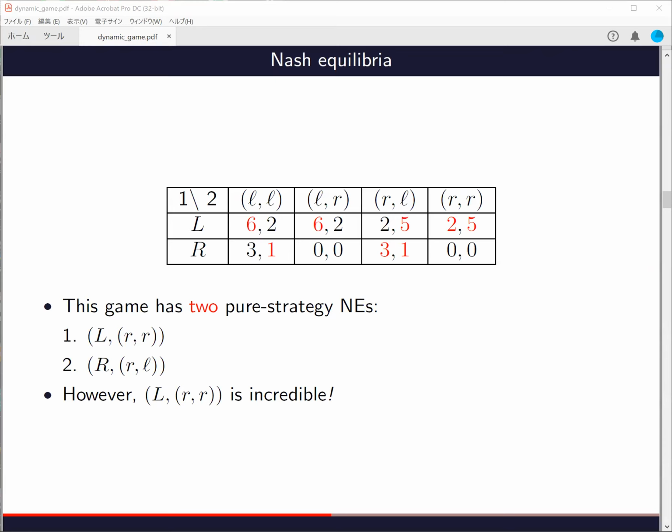In one of the Nash equilibria, player 1 takes strategy L and player 2 takes strategy rr. In the other Nash equilibrium, player 1 takes strategy R and player 2 takes strategy rl. Now, to see that the former Nash equilibrium is not credible, we again write in an extensive form game.